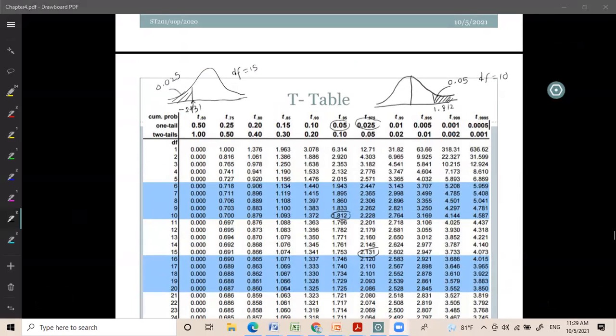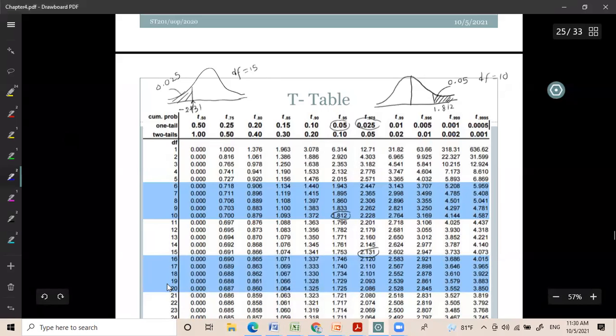Degrees of freedom 20, each tail 0.01. Can you find it? Yes, degrees of freedom 20.